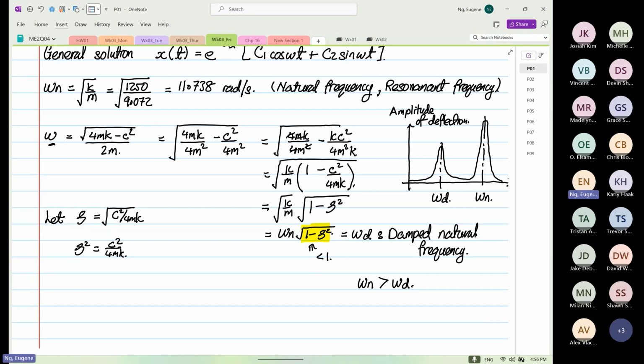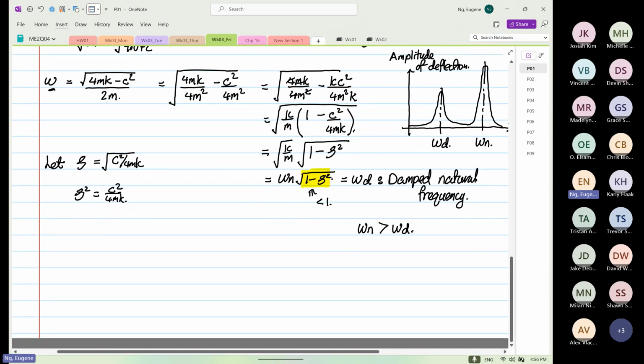Because the damper dissipates the what? Energy. The kinetic energy. That's why the amplitude of vibration is lower. Okay. Right. So coming back to here. Okay. So we have come up with an expression where omega is equal to omega n square root of 1 minus zeta squared. Okay. So the next thing we do is we are going to calculate our zeta.